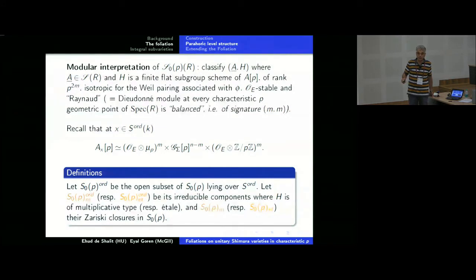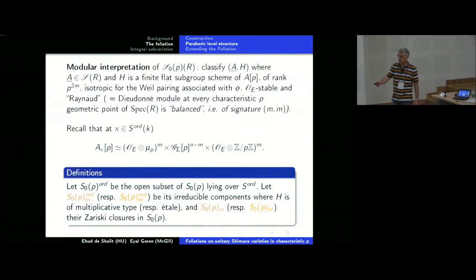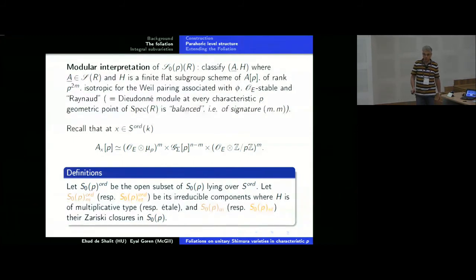And the other case where you take this subgroup, which is étale. So we denote by S0P ORD the open subset of S0P lying over S ORD. So in this classical case, it would be just this picture minus the supersingular points. And we write little m and little étale as subscripts for the irreducible components.